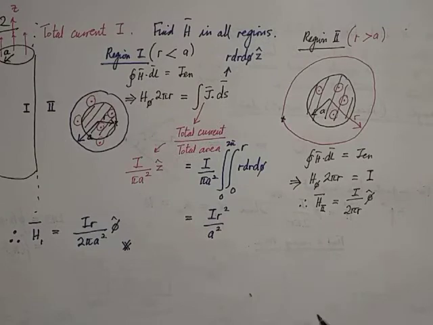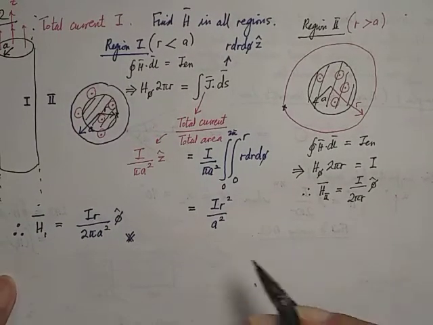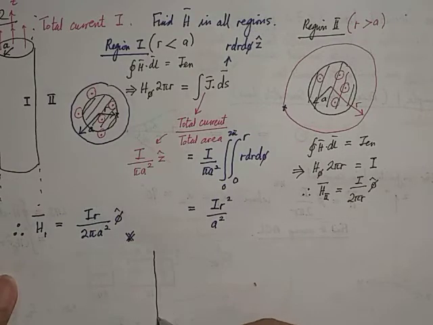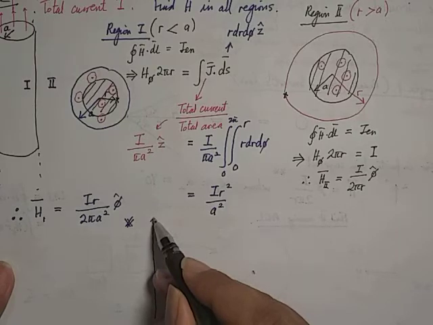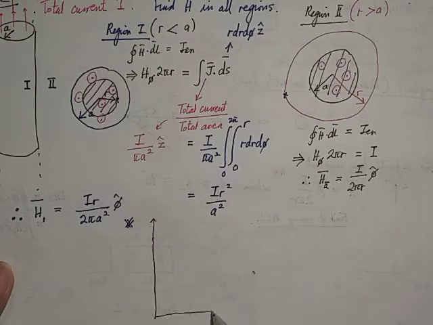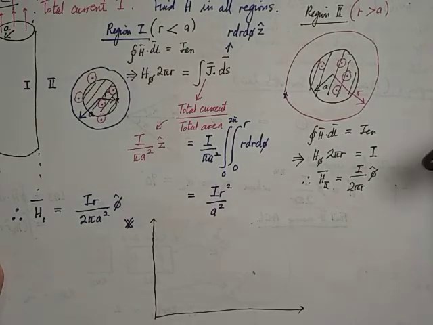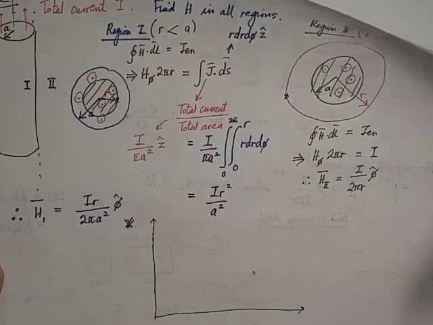Okay, let's now plot our results. I'm going to plot my result now. We're going to use this result in our next discussion, so please do understand. Okay, so let's plot now our field obtained from this problem.